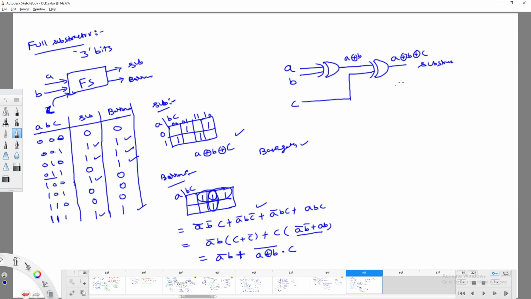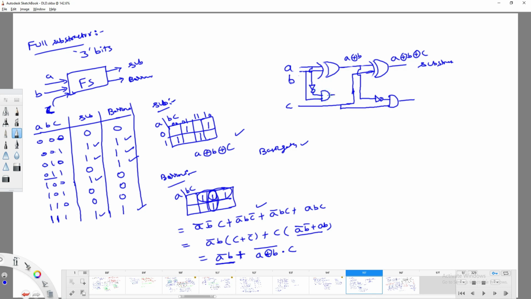So see, this one is A XOR B. For this I am going to make a complement. And this C I am going to perform the AND operation. Okay, can we now get A bar B? Yes, A, which is A bar, and B, right?